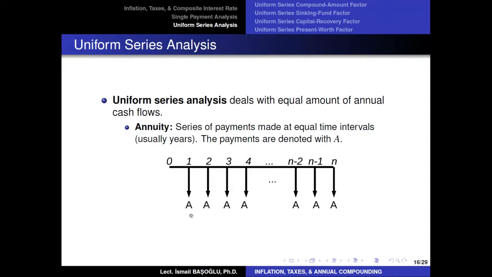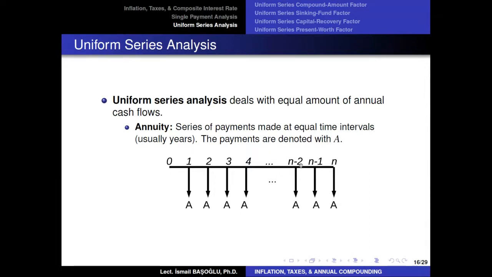So you see, a uniform series analysis deals with equal amount of annual cash flows. And what is an annuity? Annuity is a series of payments made at equal time intervals. And at this point, we are just assuming these time intervals are just years. So you see, we have a horizontal line that represents the flow of the time.